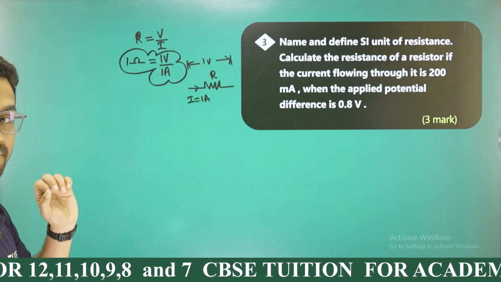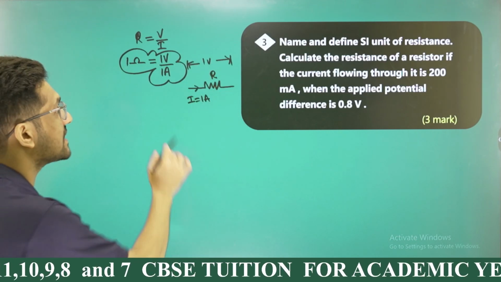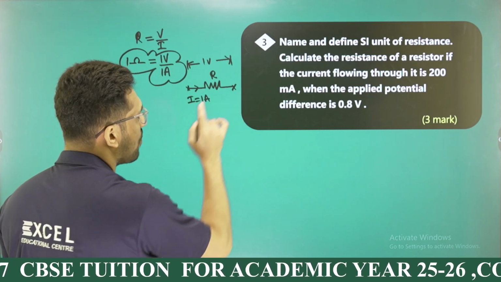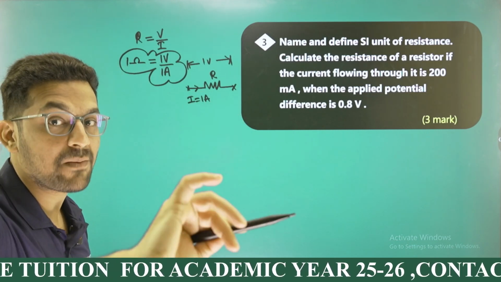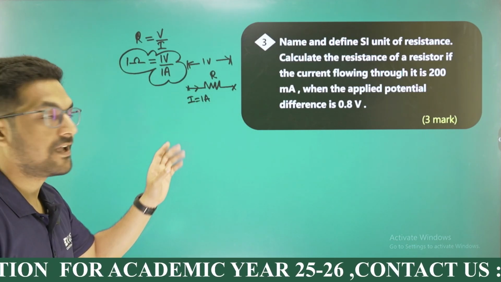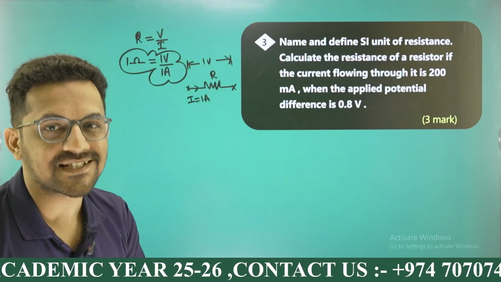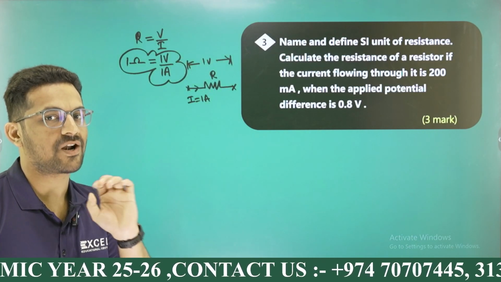Look at the figure. Through this conductor, 1 ampere current is passing, at a potential difference of 1 volt. Then the resistance of the conductor will be 1 ohm.